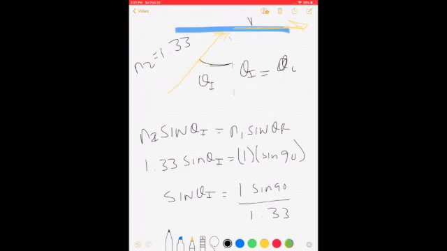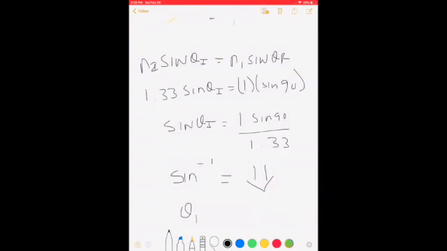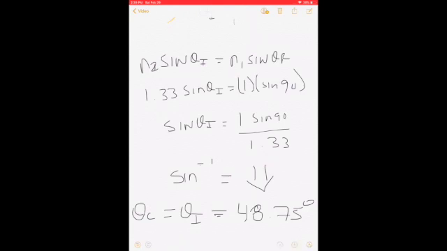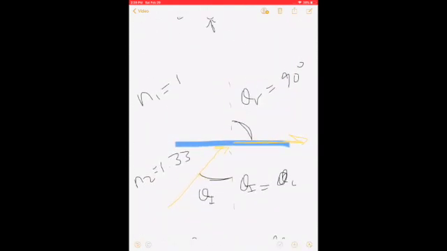Go ahead and calculate this. The theta of incidence, which we said was equal to our critical angle, is equal to 48.75 degrees.